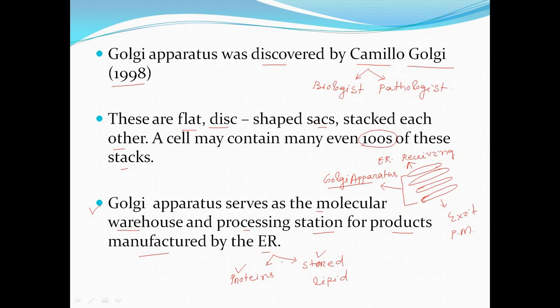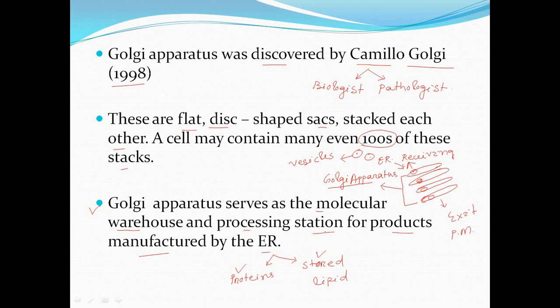What happens? They are carried by small vesicles. These are the vesicles, and the proteins are carried and received by the receiving side of the Golgi apparatus. What happens when these vesicles enter the Golgi bodies? They modify their structure.